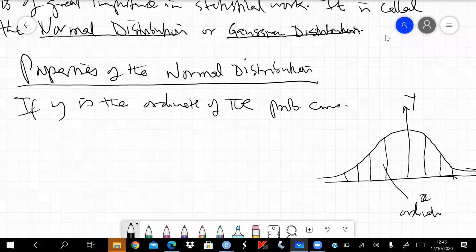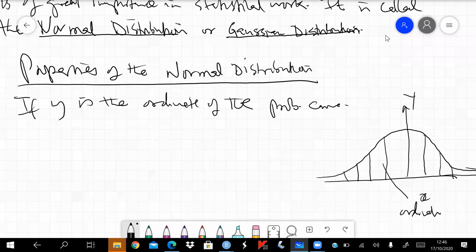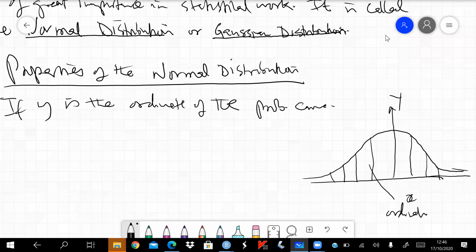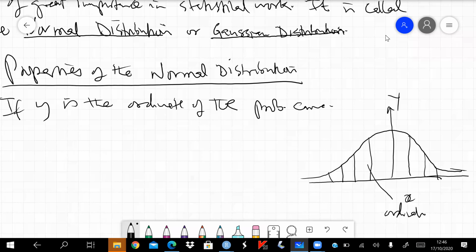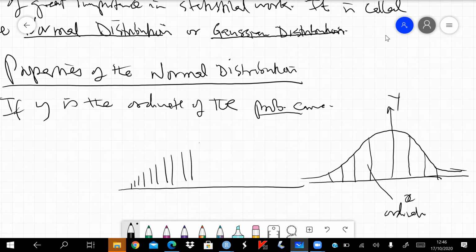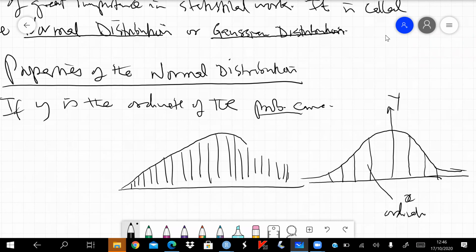So if y is the ordinate of the probability curve, then the normal probability curve can be plotted from the equation. So if we have ordinates like this, then as you saw, if we increase the number of ordinates, we'll be able to get the probability curve by just joining like that.